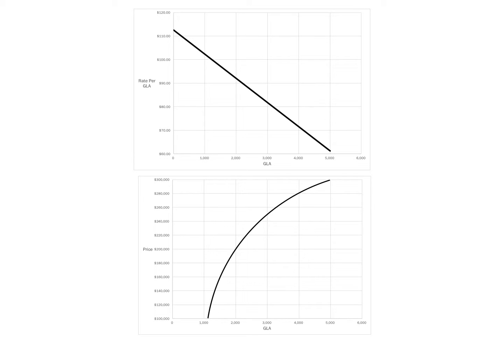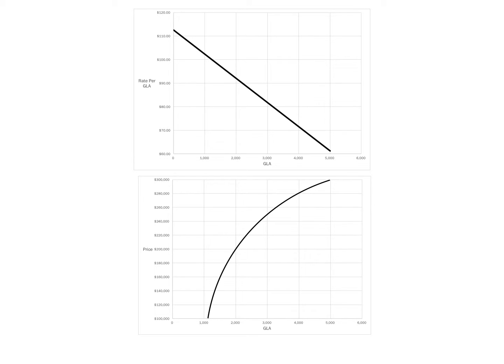And that price graph, note that it is concave, it's a parabola, because you're changing the price and the square footage both, and that actually creates that slope curve on the overall price.